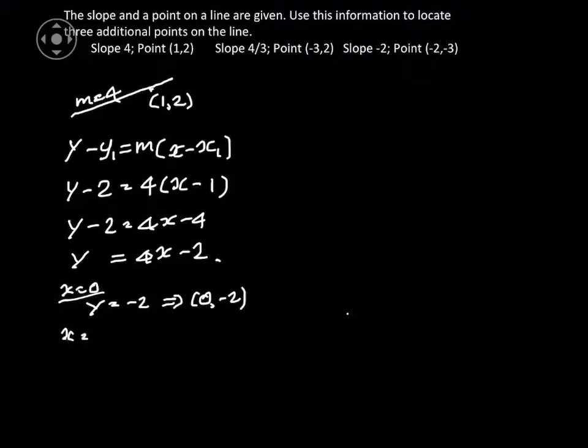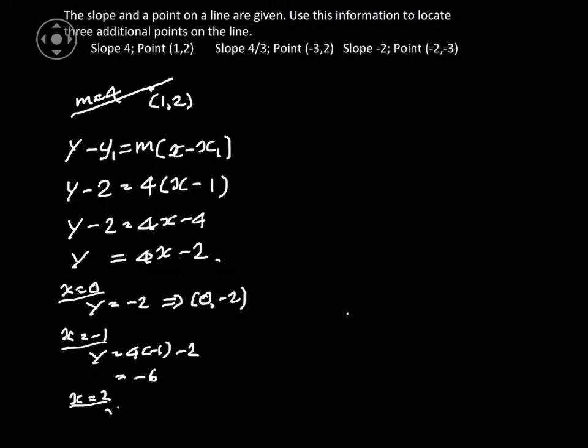I use x equals negative 1, then y equals 4 times negative 1 minus 2, which equals negative 6. The last one I use x equals 2, because we already have the point where x equals 1.